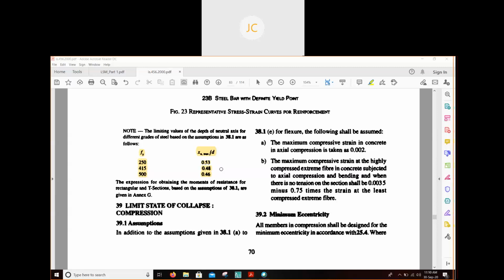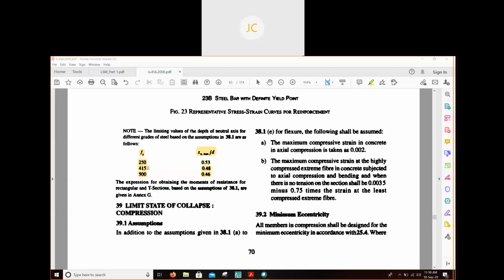I hope all of you have got the table. Now in this table you can see that for different grades of steel, we have the ratio of maximum depth of neutral axis by, this is our effective depth. The limiting values of depth of neutral axis for different grades of steel are given.